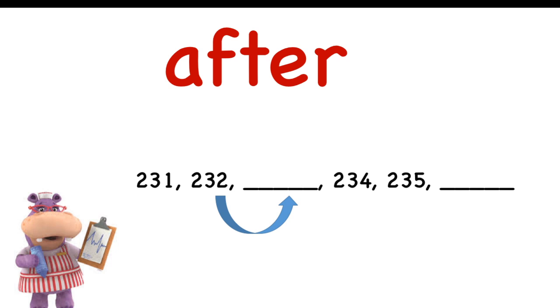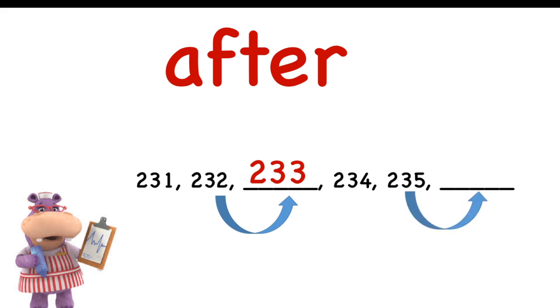It will be one more, one greater than 232. So 232, what is next? 233. One number greater. You only add one more, plus 1. 232 plus 1 equals 233. So the next number is the number that is after.